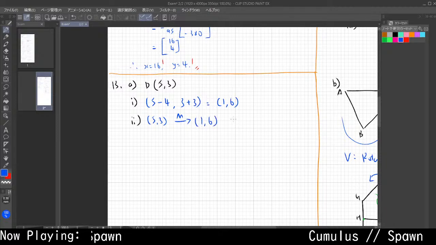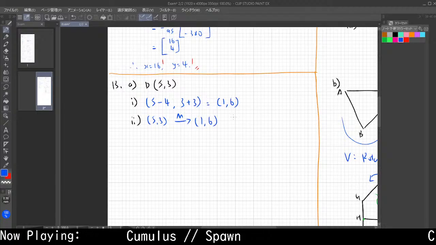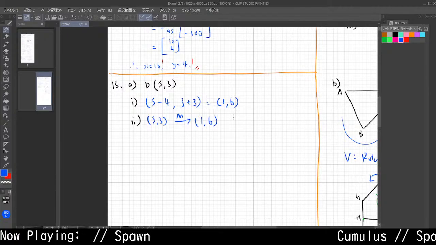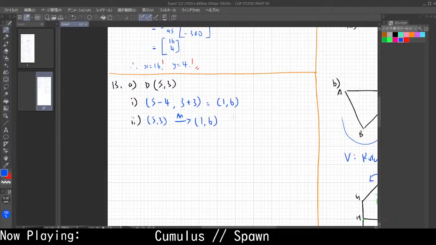Now to go through transformation N, the reflection in the line y equals x, it looks hard, but it actually has a special property. For all the points that go through the reflection in this line, the result is just as simple as flipping your points around.